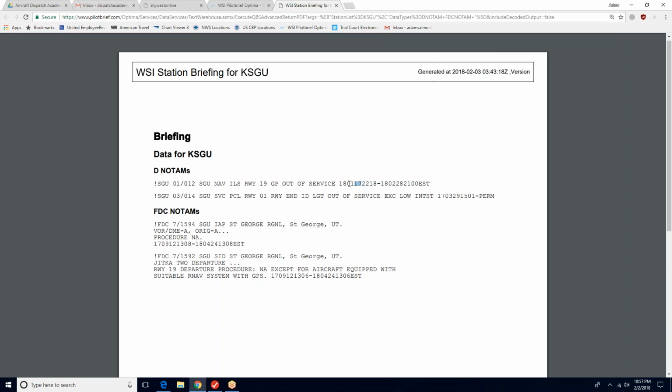So this is January 17th, 2018. And the last four digits are the time. Remember, anything in aviation is going to be Zulu time, so that is 2218 Zulu. That is when this out of service glide path starts.